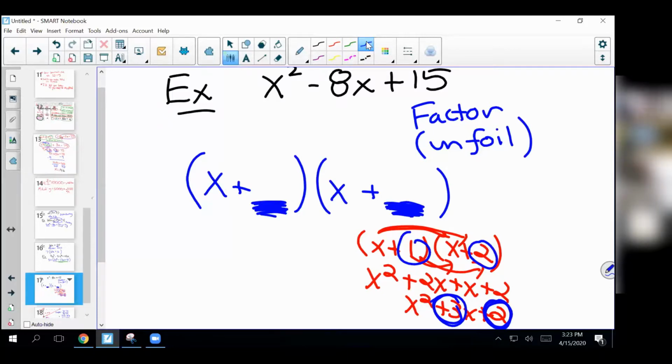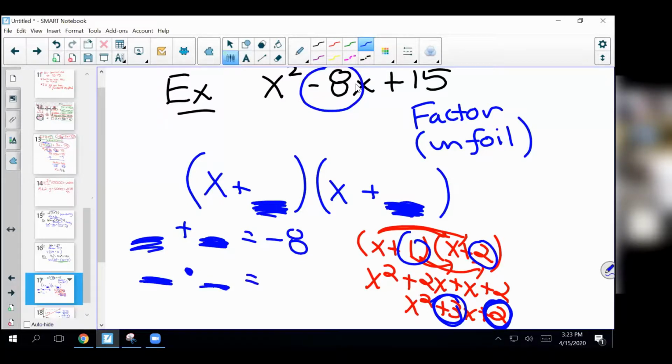These two numbers are going to add to my middle term here, my -8, and they're going to multiply to my constant term here, the plus 15. Using this framework allows me to fill in these numbers. I'm looking for two numbers that multiply to 15 and add to -8.